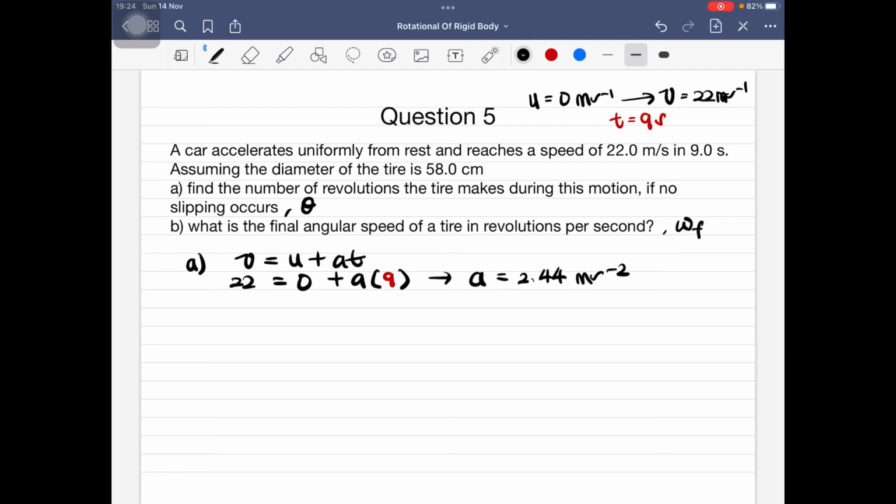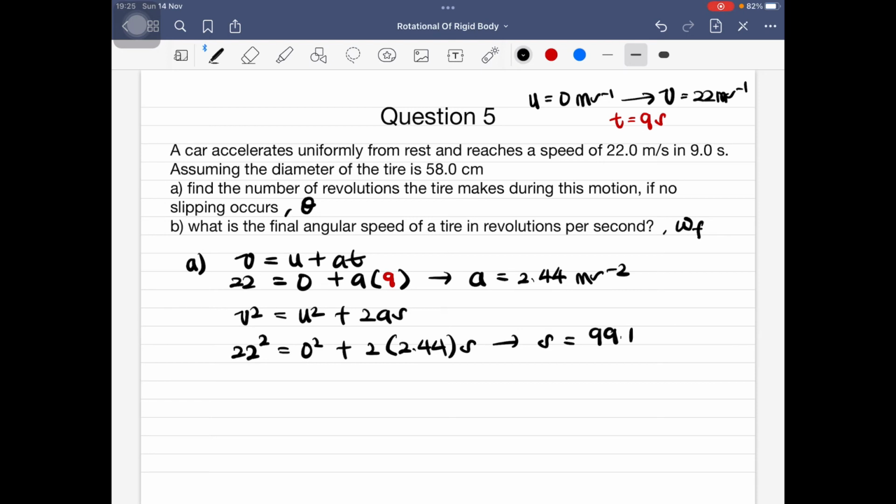Alright, so from your acceleration, I can find the linear displacement, which I can do using the equation v square is equal to u square plus 2as. So your v now is 22 meter per second, and then u square is 0, start from rest, plus 2, and then your acceleration is 2.44, and then your displacement s will be equal to 99.18 meter.